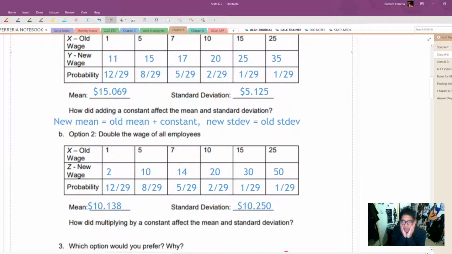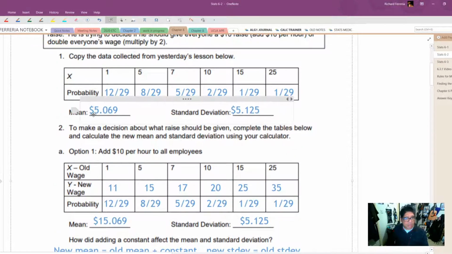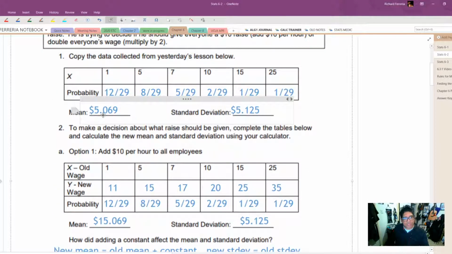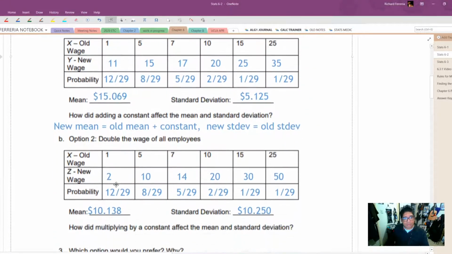So here we go with our numbers back in place. Do we notice anything interesting here? Well, the first thing I notice is the mean is 10.138, and the old mean was 5.069. Any ideas what 5.069 multiplied by 2 is?